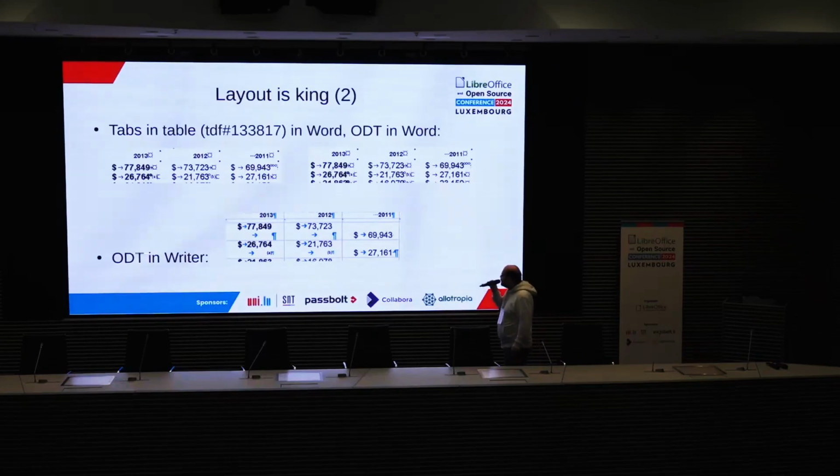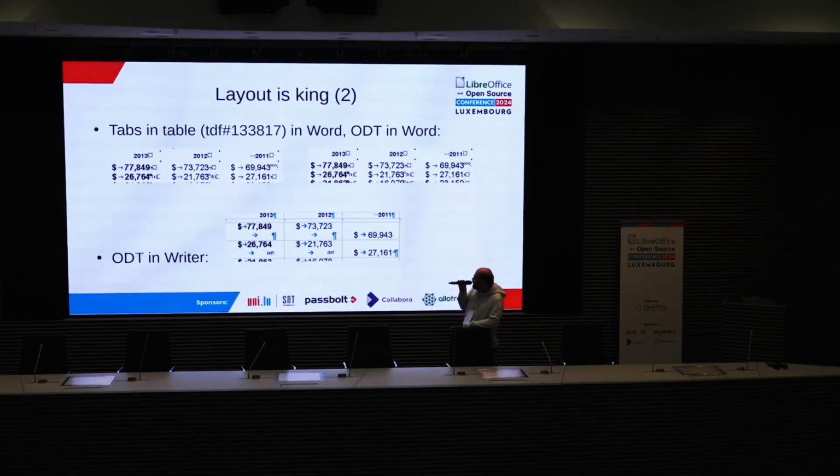So there is a table in an example document, and there are some tabs in the cells with very short distance between each other. And somehow Word compresses these tabs into very short space, even after if we save it in ODT and reopen. So this is a layout trick which they are using, and it's independent of the file format.